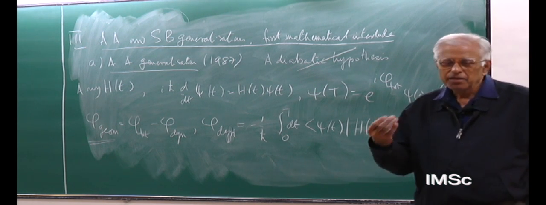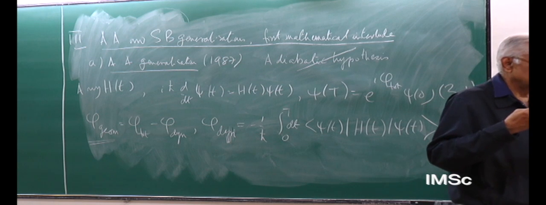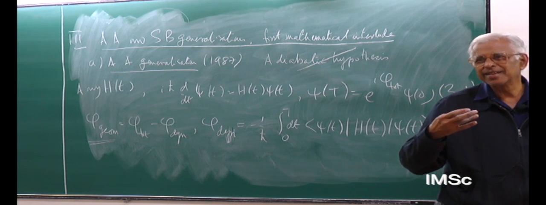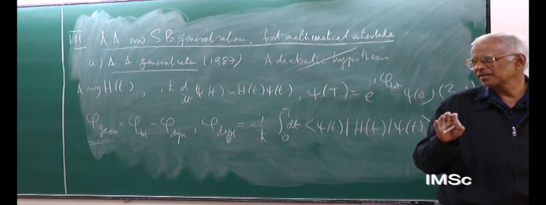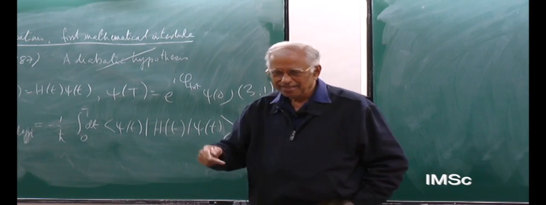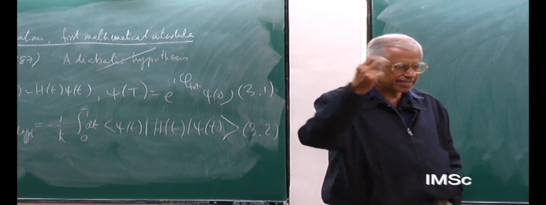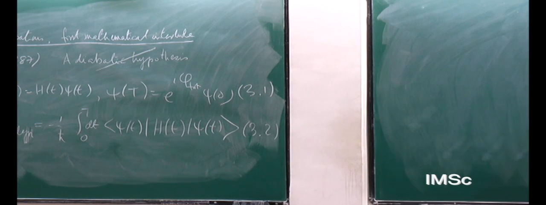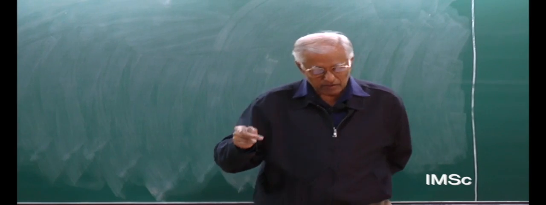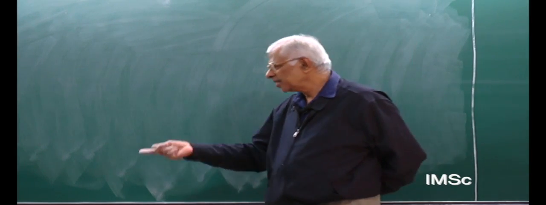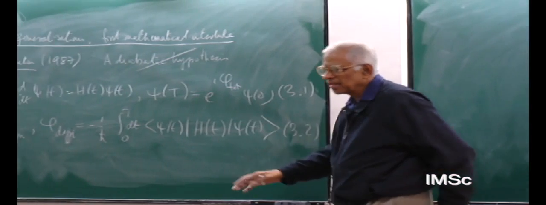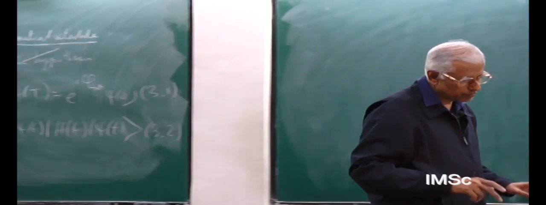Aharonov-Anandan, in my view, could have been written more clearly. I have given the essential conclusions. For you to distill it to these three or four statements may take a little bit of effort. But if you go through their paper, understand everything that they have said, and realize that what they are saying is what I have said, that will be very, very useful.